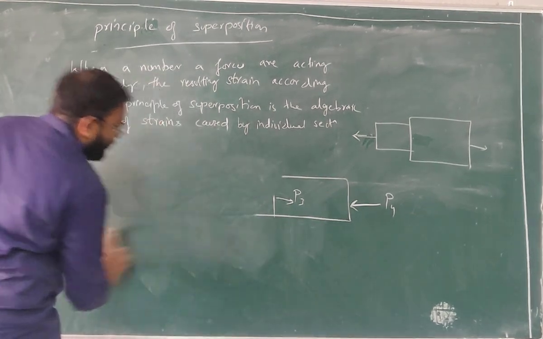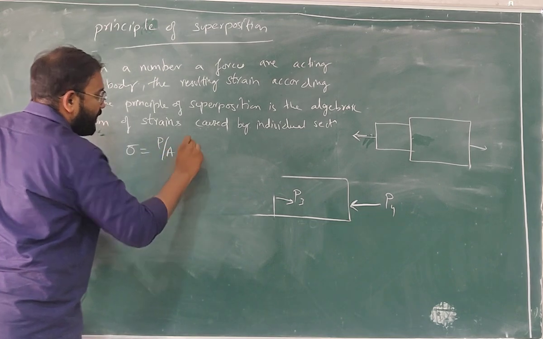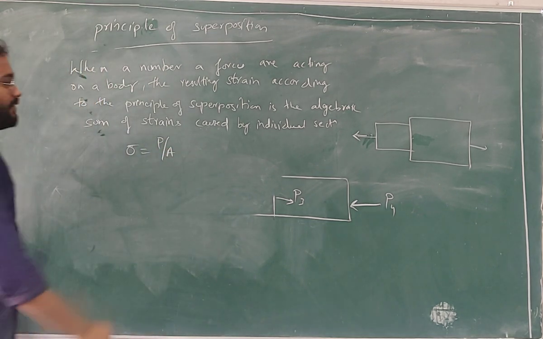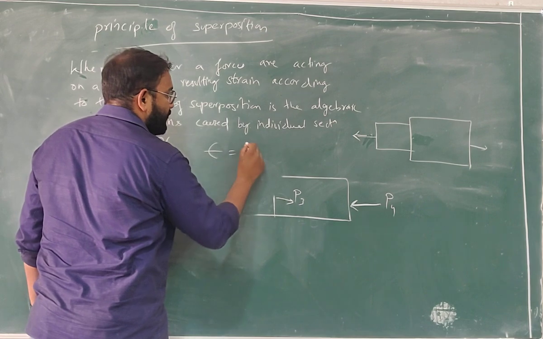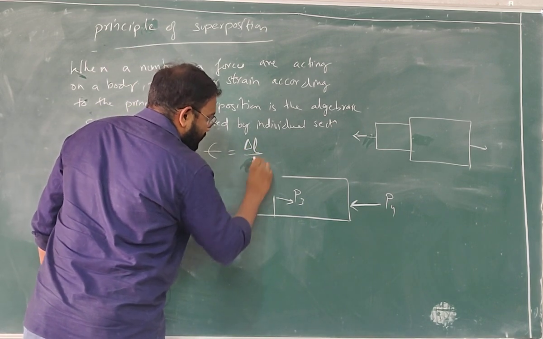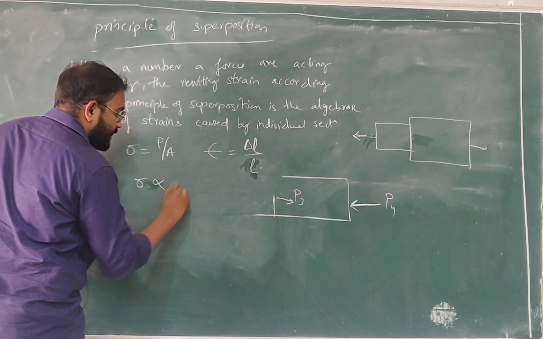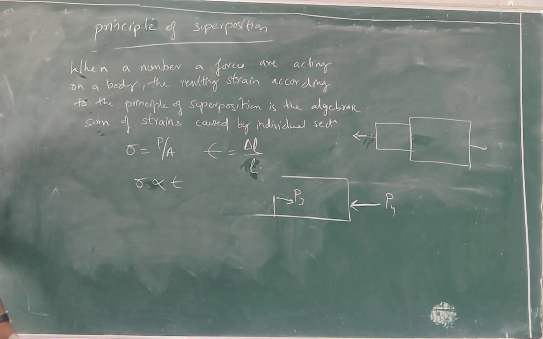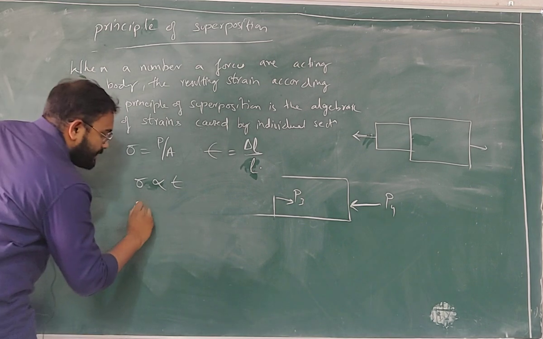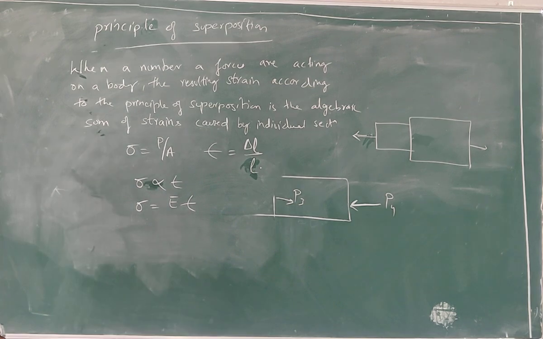So we know, to calculate delta L, what is delta L? Change in length. We know stress is equal to load divided by area. And one more formula: strain is change in length by original length. We also know the relation between stress and strain: stress is directly proportional to strain within the elastic limit, or stress is equal to Young's modulus multiplied by strain.